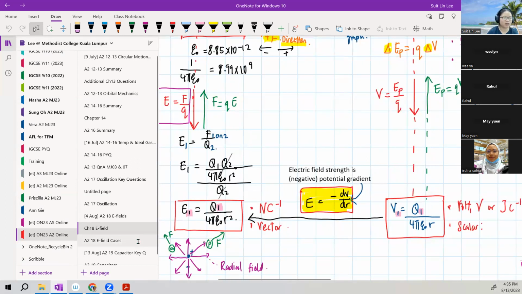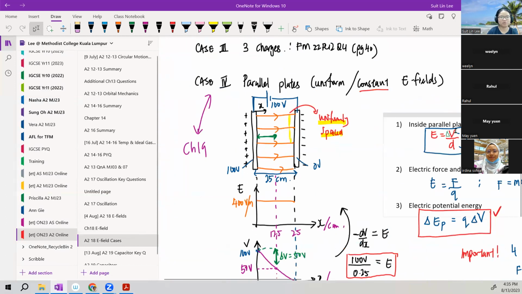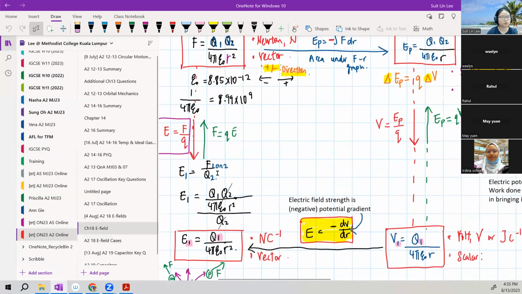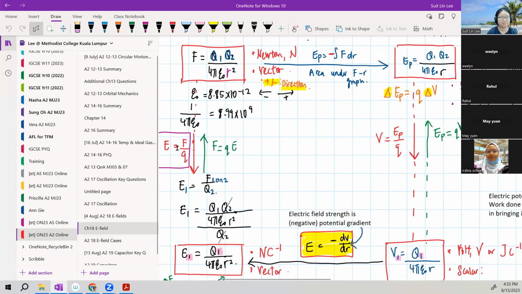So from V over R, it became V over D. Okay. And we also use this other connector. Electric field is force per unit charge.